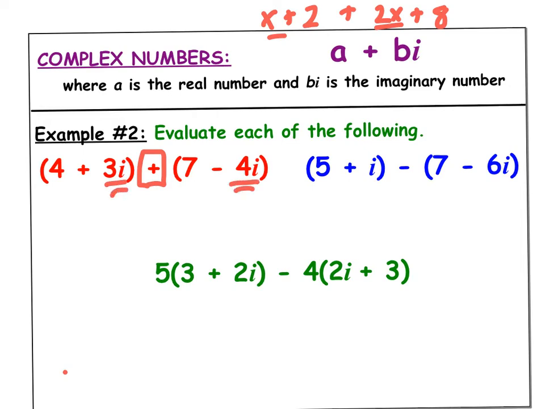So these guys are my i's with the double underline. So I'm just going to add them. 3 plus -4 is -1. And that's an i. And then the single underlines are my numbers. And I'm adding, remember, don't forget, 4 plus 7 is 11. So my answer is 11 minus i, 1i.